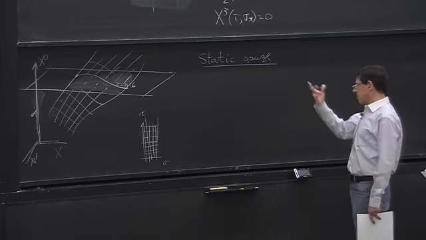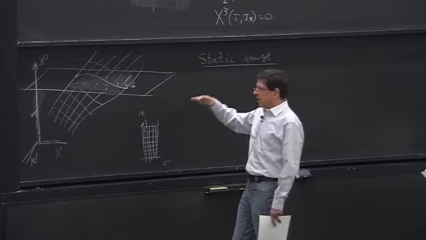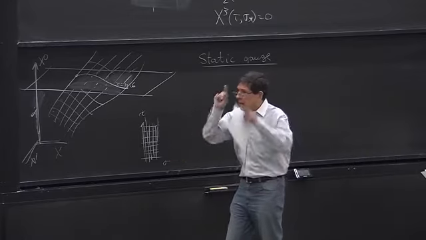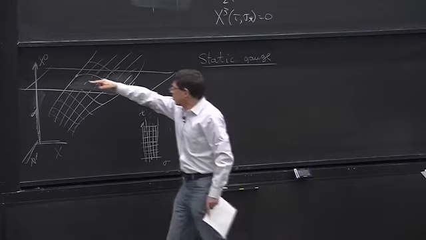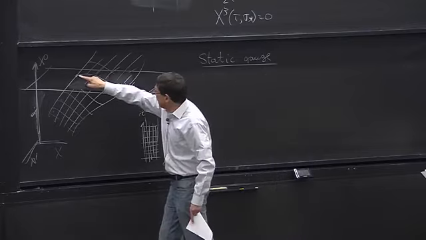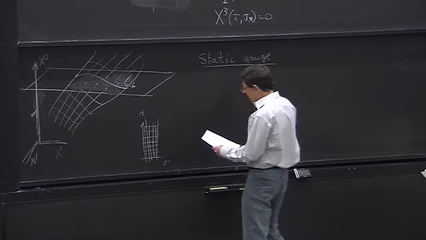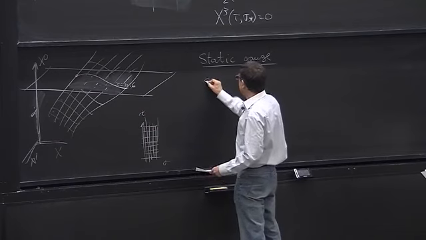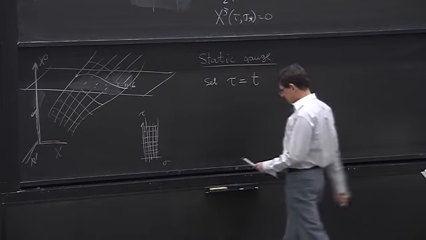You have to try to think about what it really means. It really means that at some time you take a picture of the string, and that string that you see, as you see in the surface, is the string at tau equal time. So we'll simply say that we'll set tau equal to t.